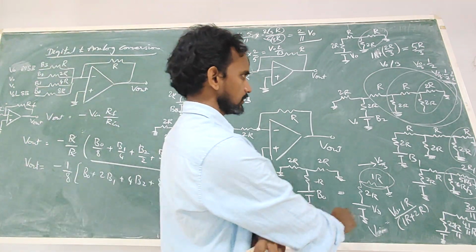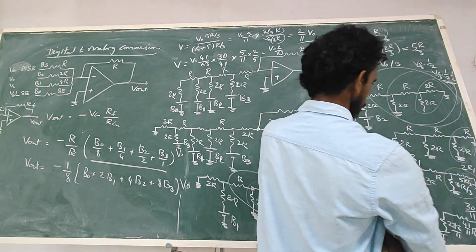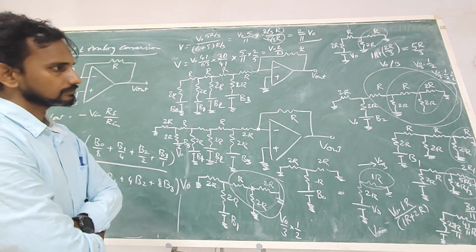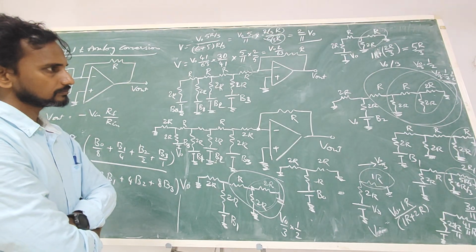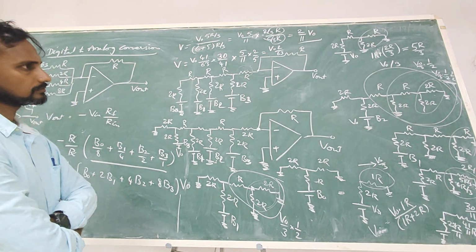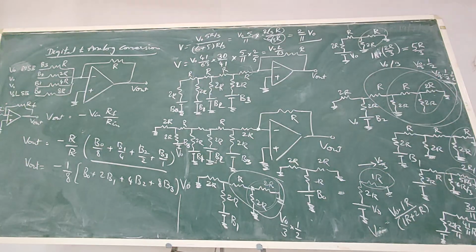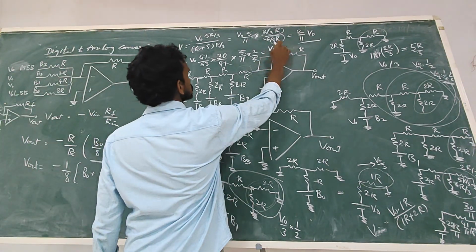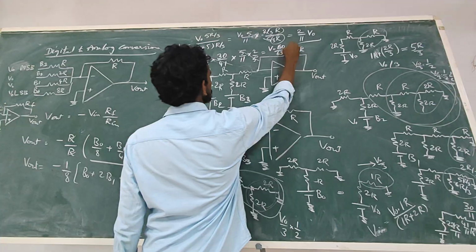The voltage divided into this portion, 30/11 by 63 to 11.